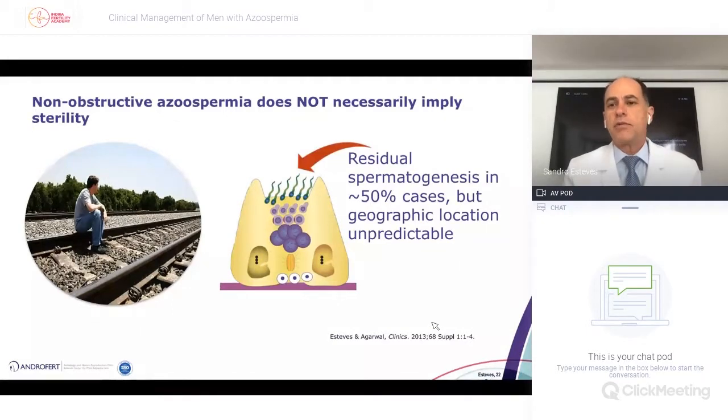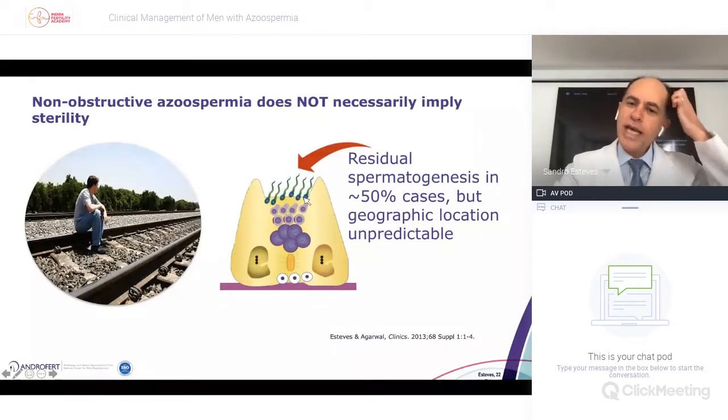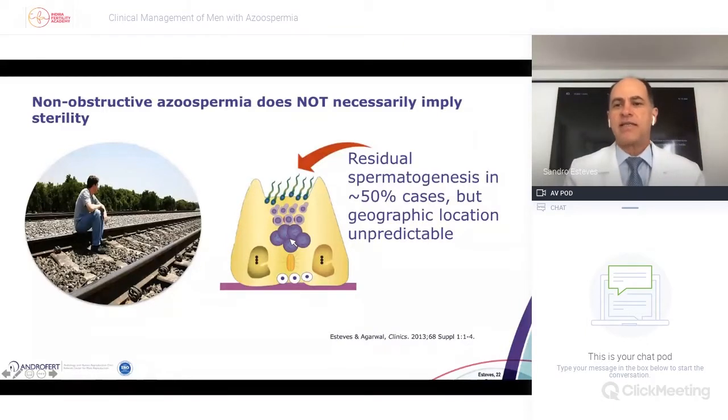We see residual spermatogenesis in about 50% of cases. The illustration represents two Sertoli cells, the yellow cells you see here. At the bottom of the figure, you see the spermatogonia, then spermatocytes, then spermatids, and then sperm. So we can have residual spermatogenesis in about 50% of cases.